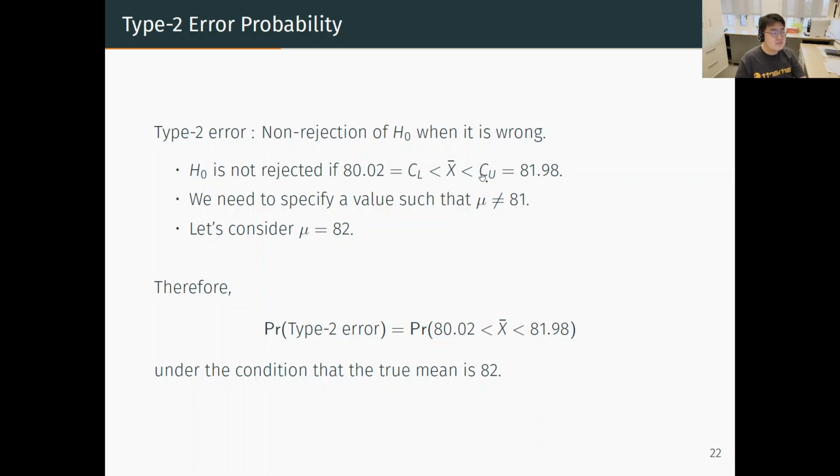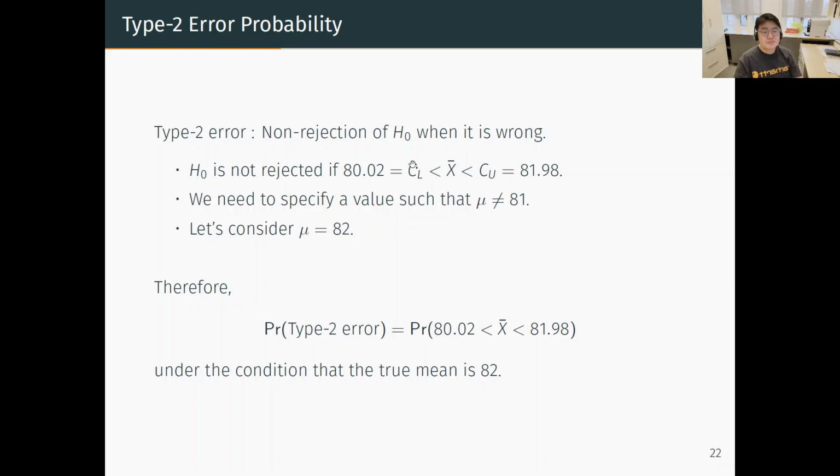But the problem is, how can we specify the wrong null hypothesis? When I say the null hypothesis is wrong, that means the truth can be any value different from 81, right? So the alternative is defined by negation of equality, which does not give you any specific number.